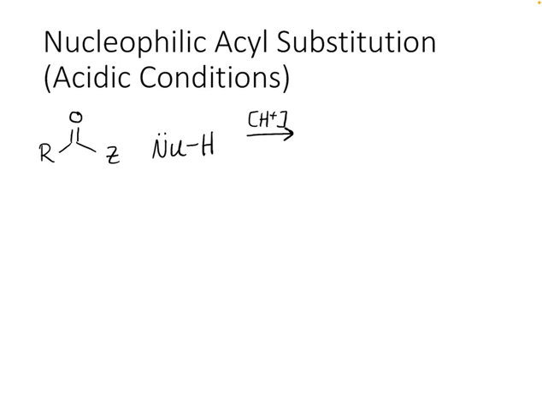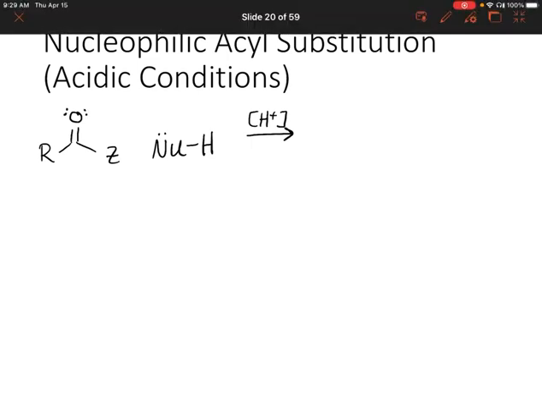So similar to our acidic conditions with aldehydes and ketones, here we have a carbonyl group again. So our oxygen atom on the carbonyl group for this derivative can grab onto a proton, and then we'll have a positively charged oxygen atom.